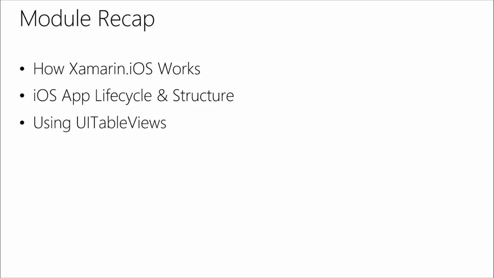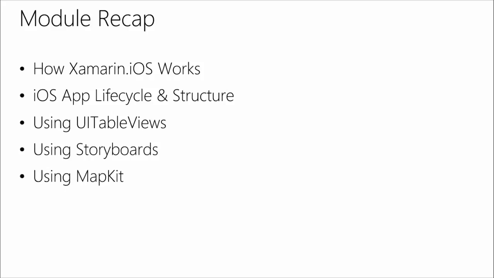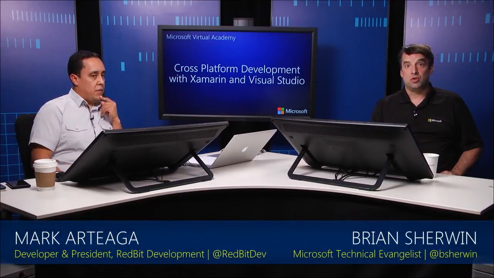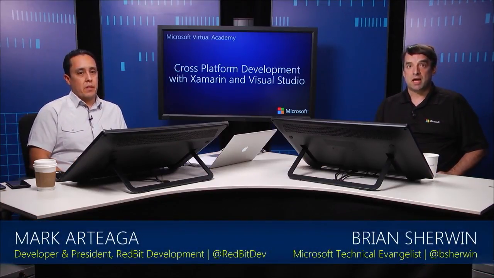So to recap, essentially what we've done is we've gone through how Xamarin iOS works, application lifecycle. We used UI table views, UI storyboards, map kits to build a fully functional iOS app using Xamarin and Visual Studio.